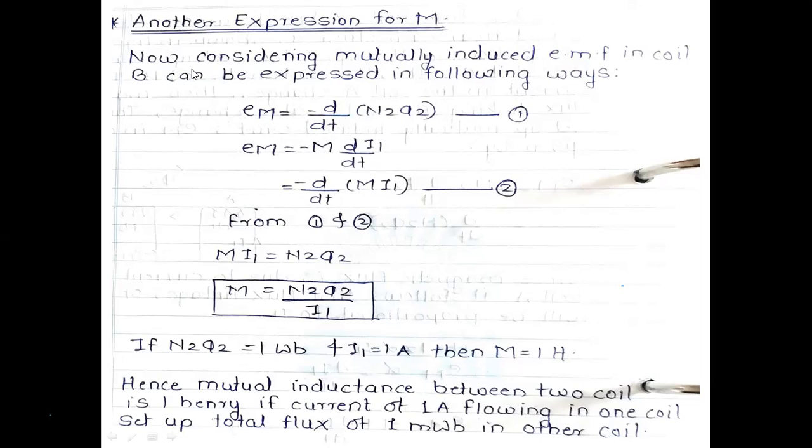The next line you write down: now considering mutually induced EMF in coil B, it can be expressed in following ways.